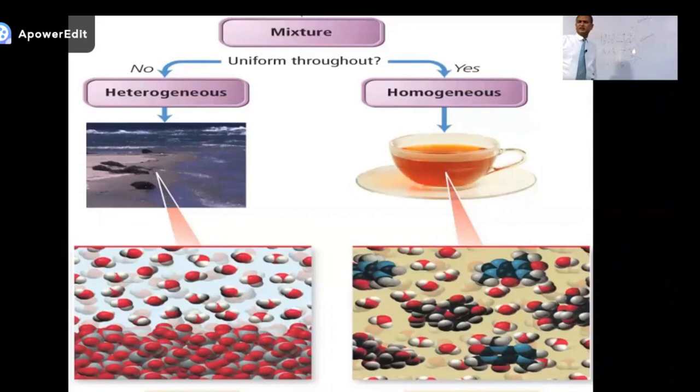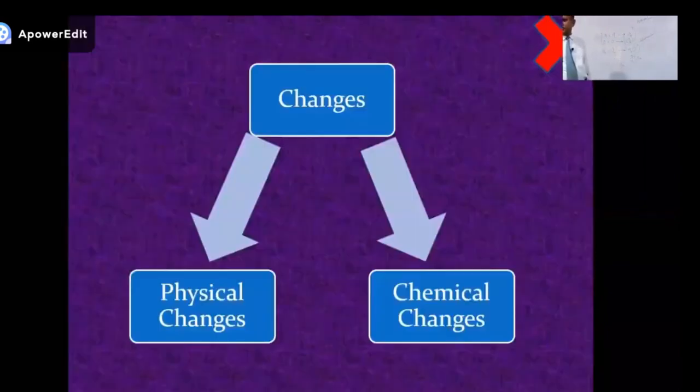Such mixtures are called homogeneous mixtures. Whereas sand in water is called hetero because we can differentiate where the sand is and where the water is. Blood is homogeneous. Air is a homogeneous mixture. Right? So there are two kinds of mixture, homogeneous mixture and heterogeneous mixture.